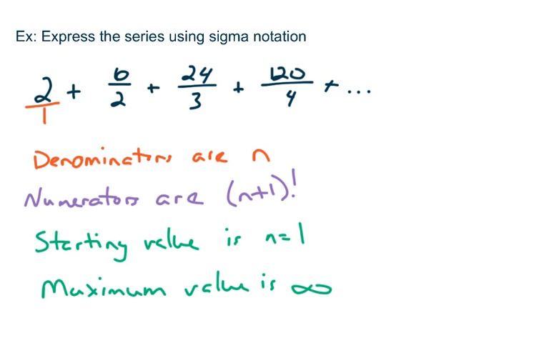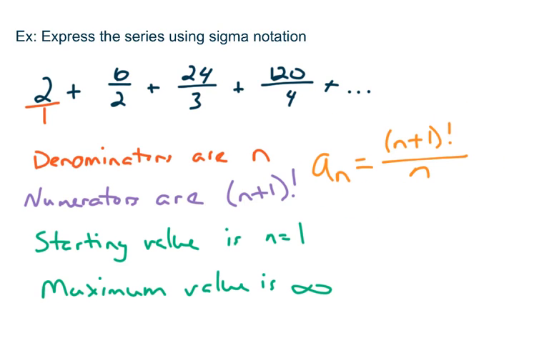Once we've identified the starting value and the maximum value, we can write the general form of each term. A sub n is equal to n plus 1 factorial in the numerator, over n in the denominator. So this is our general form for each term.